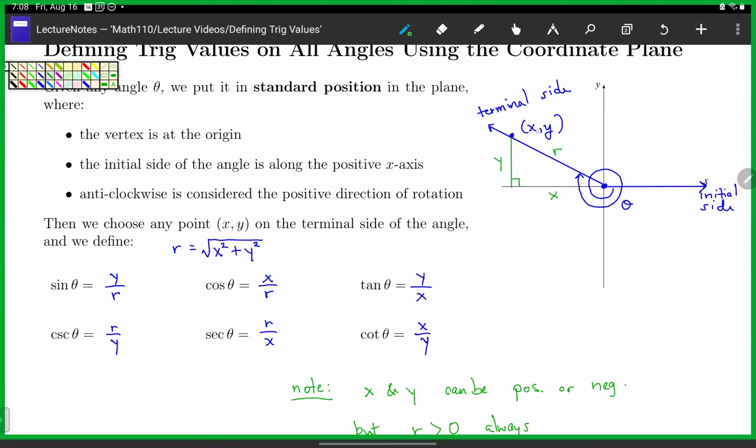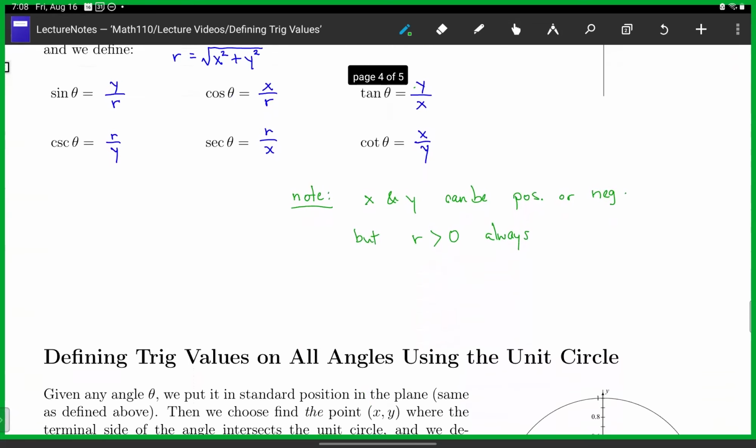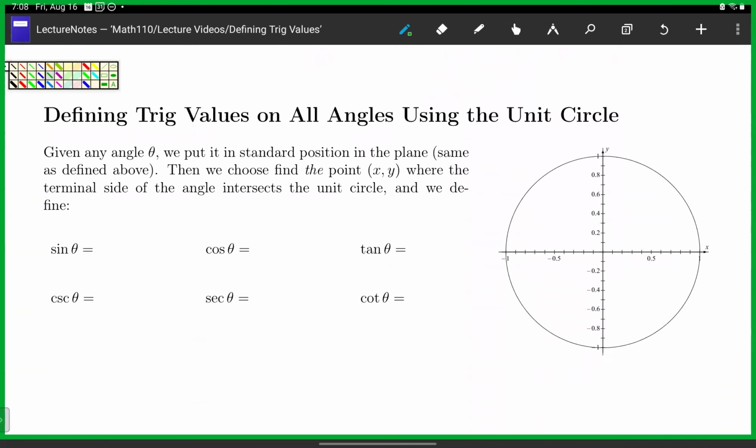So sine is going to be a positive value, cosine is going to be a negative value, and tangent is going to be a negative value.